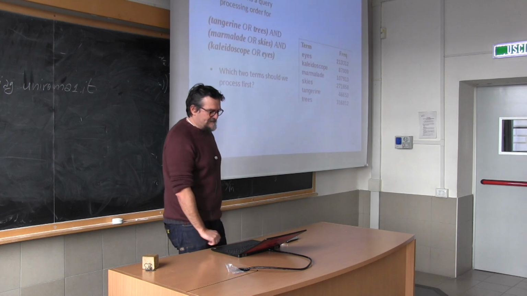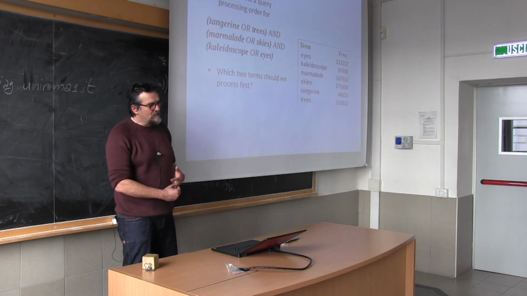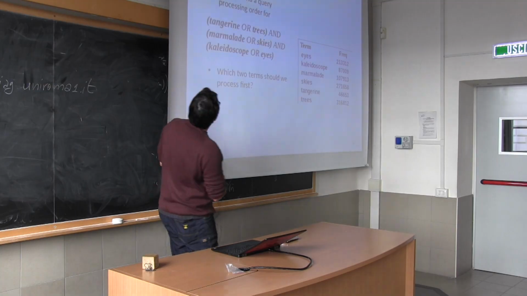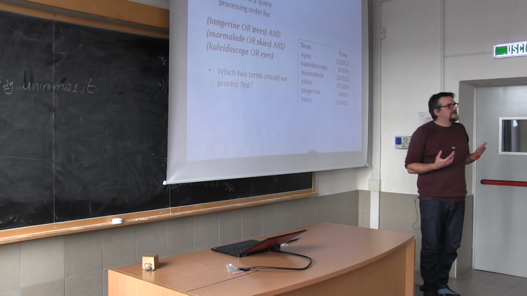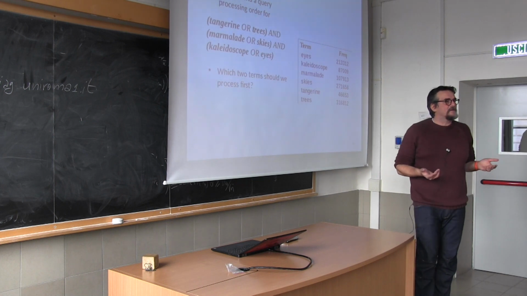So let's make a simple example. We have this query: tangerine or trees, and marmalade or skies, and kaleidoscope or eyes. And those are the frequencies. So if we want to have a rough estimation of the size of the OR, what can we do?